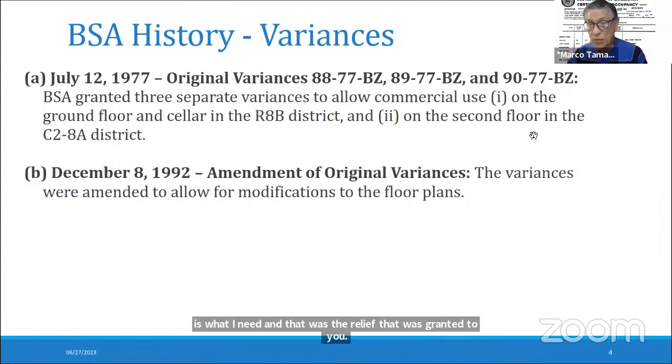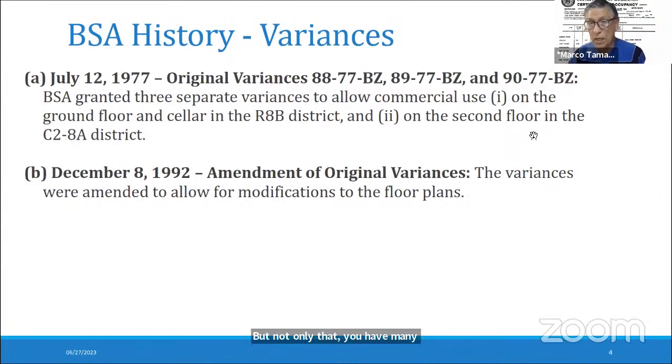But not only that, you have many other amendments or reliefs, and that's fine. Now you said, I need more relief because I have these air rights that I'm going to sell, which you said is 26,000 square feet. Put it in numbers, just state the number you're asking for.